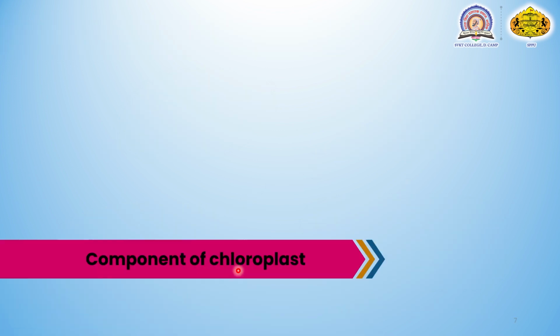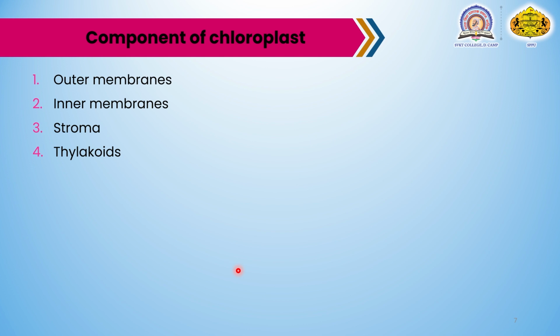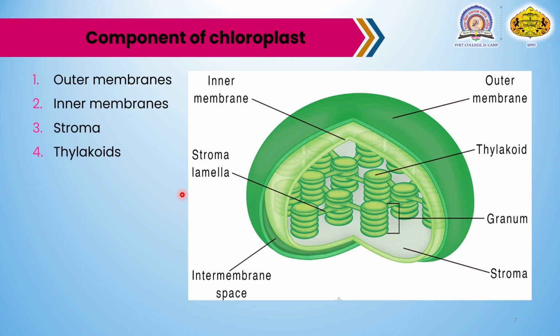Moving to the next point, that is components of the chloroplast. There are four main components of the chloroplast: outer membrane, inner membrane, stroma and thylakoid membrane. We will discuss them one by one. First, the outer membrane, also known as the envelope.